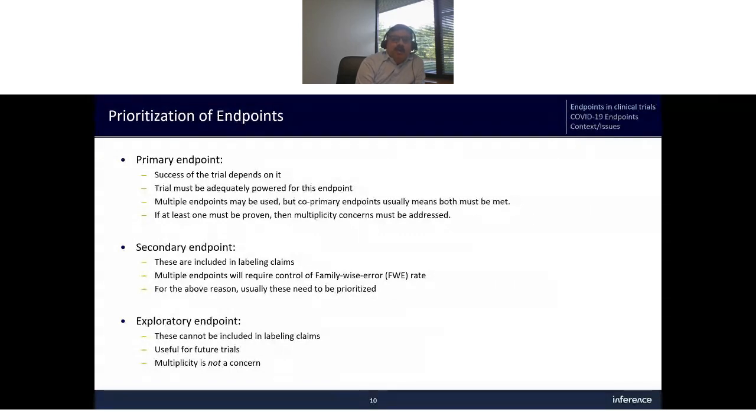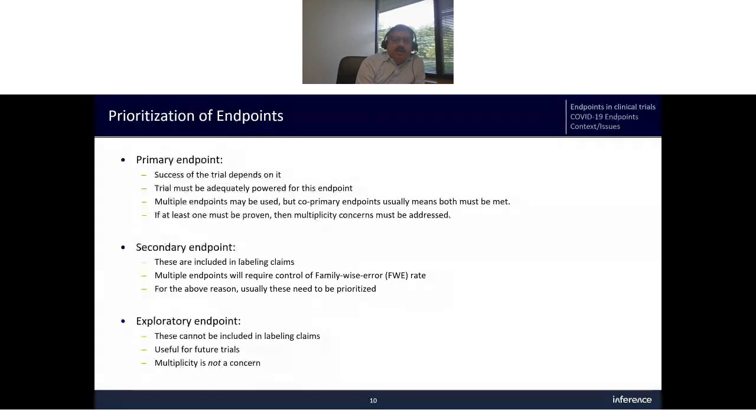For secondary endpoints, if you want to include something in a labeling claim, it must be included in either the primary or the secondary endpoint as an endpoint, right? So again, the multiplicity concerns are also applicable to secondary endpoints, right? You have to pay attention to what we call family-wise error rate, or you can loosely say false positive rate.